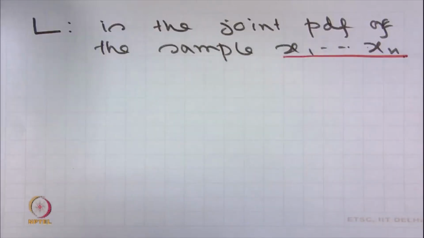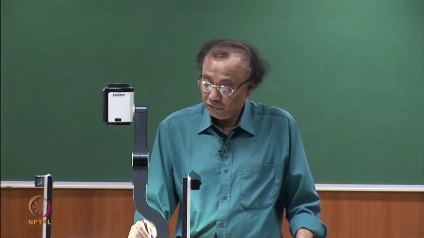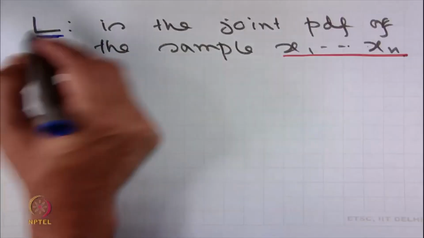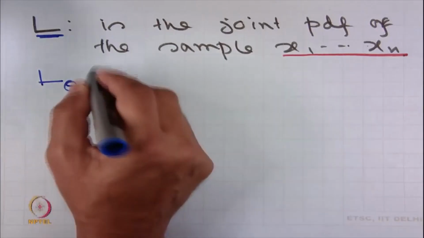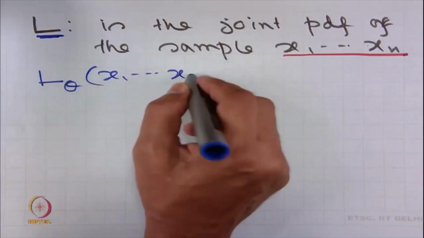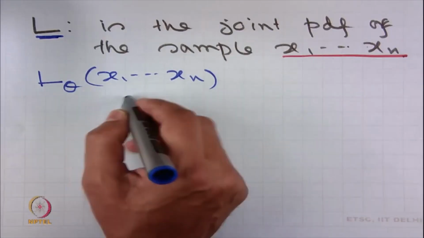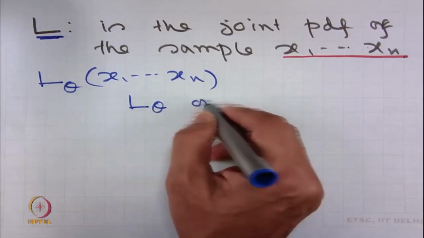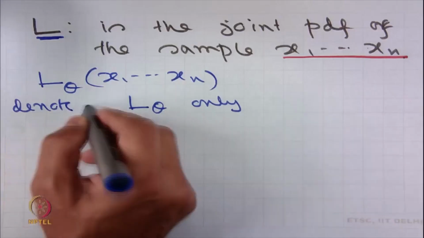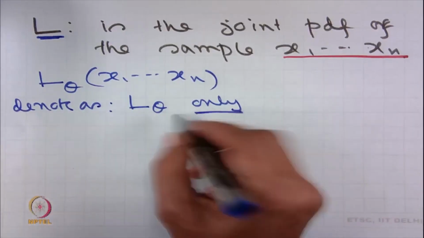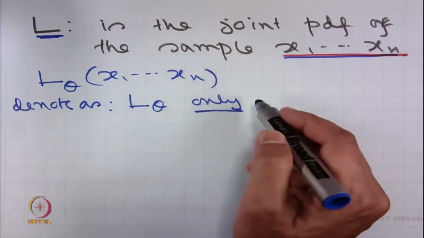We are looking at the joint density function of x1, x2, ..., xn, which we call L. Of course, L depends upon theta. So, in some books you may find L(theta; x1, x2, ..., xn). In this class, sometimes I will be using L(theta) only, because it is understood that it is based upon the sample x1, x2, ..., xn.